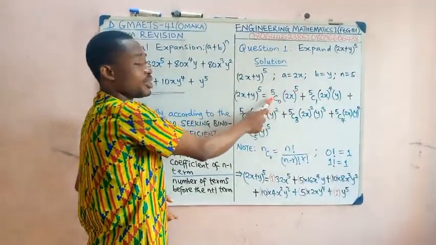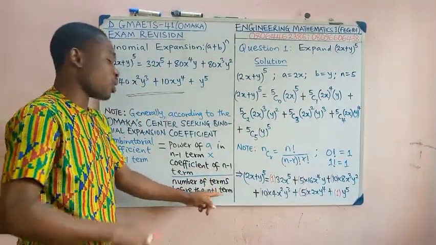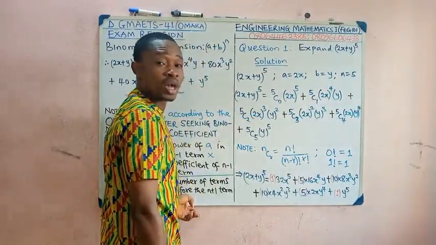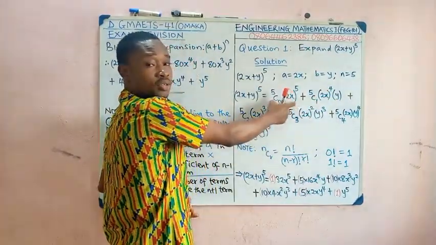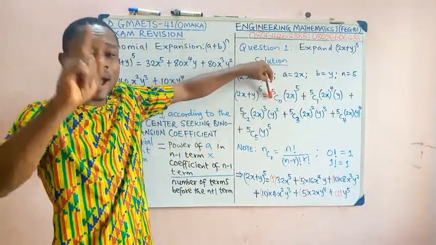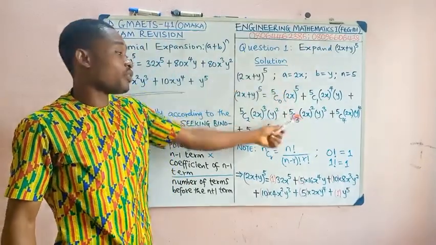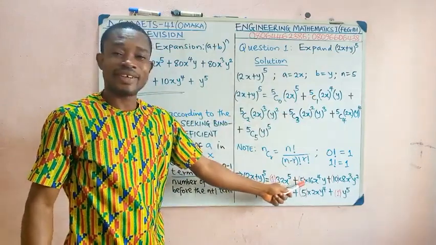So it's going to be 5 times 1 divided by the number of terms before the n plus 1 term, the term you are trying to obtain its n combination r. How many terms do you have before it? Only 1 term. So this is going to be 5 times 1 divided by 1 term, and this will give you 5. And that is the 5 we obtained here.